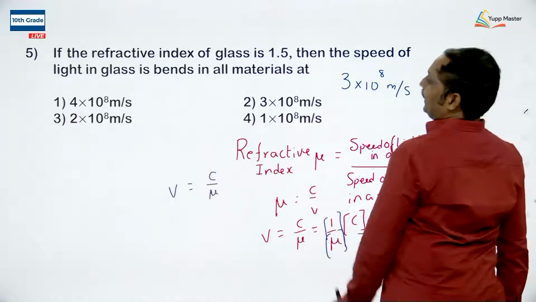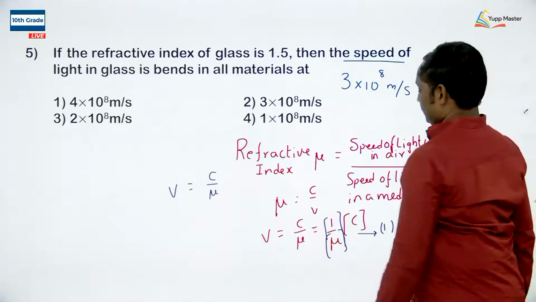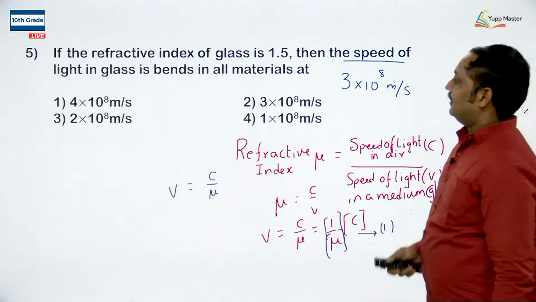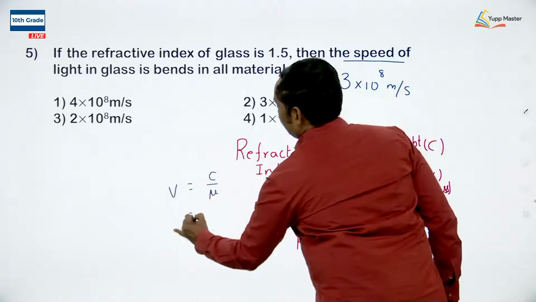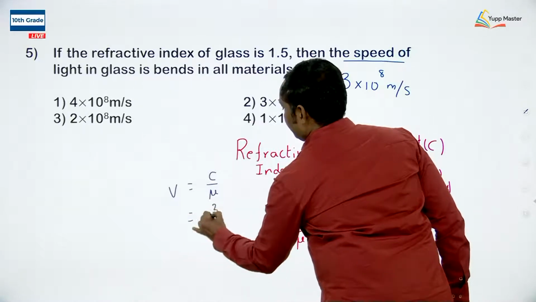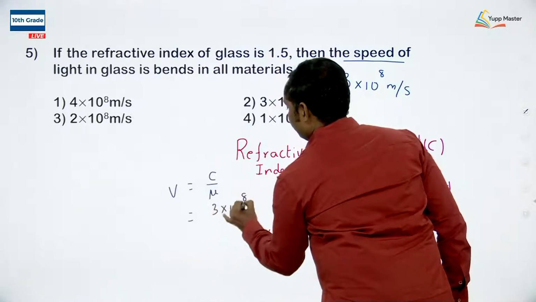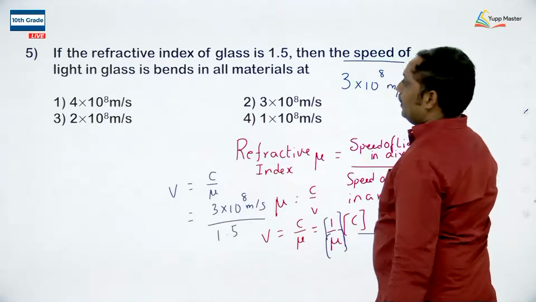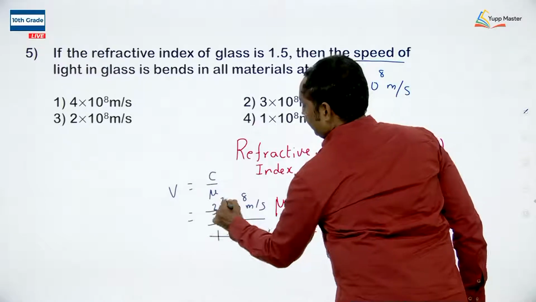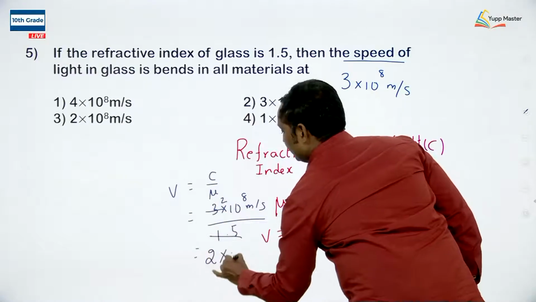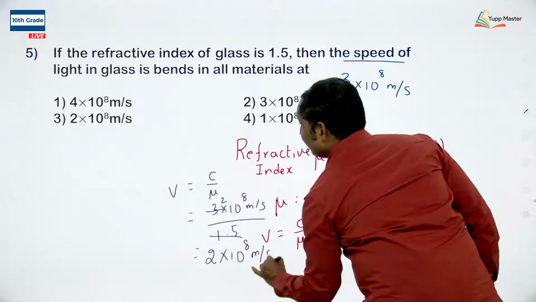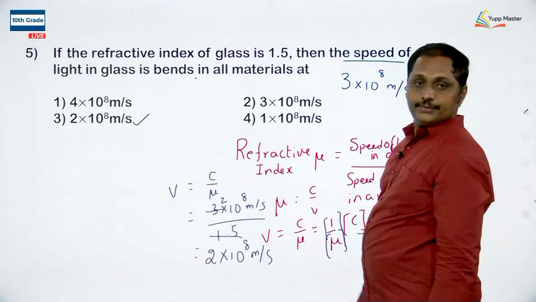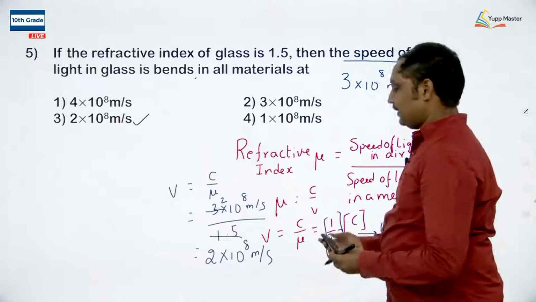You have to find the speed of light in glass. That is 3 into 10 to the power of 8 meter per second by 1.5. Now, you can easily cancel that, therefore, 2 into 10 to the power of 8 meter per second. You have to get this one.